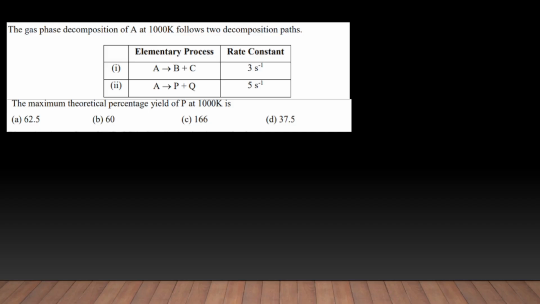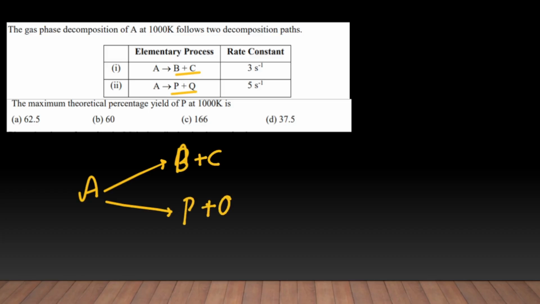The gaseous phase decomposition of A at 1000 Kelvin shows two decomposition paths. A is giving us B plus C and A is giving us P plus Q. So this is from your parallel reactions, that is, through different paths you are getting two different products.